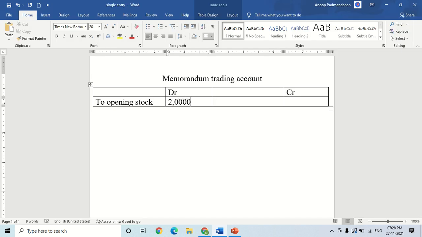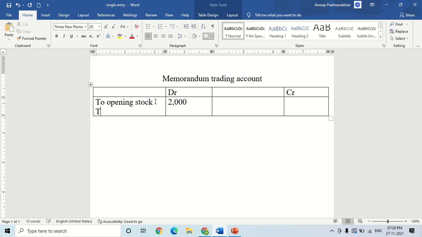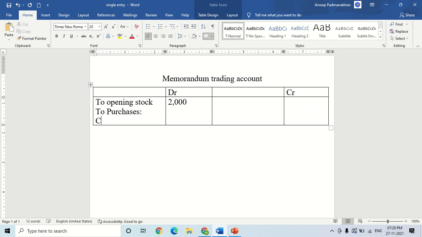Now we also have cash purchases as well as credit purchases. Both are expenses, so I'm going to write purchases as a common heading. Under purchases, I can also show my cash purchase as well as my credit purchase value in the inner column itself.